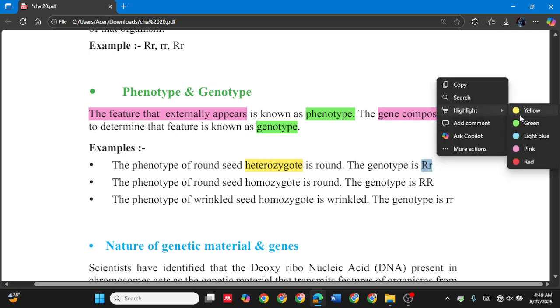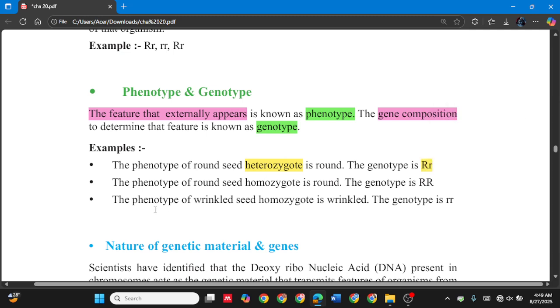Why? Because of this heterozygote characteristic.